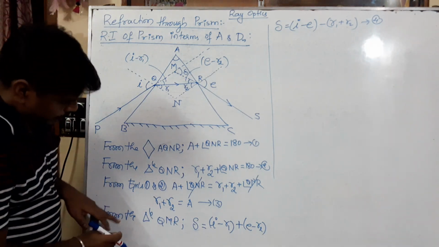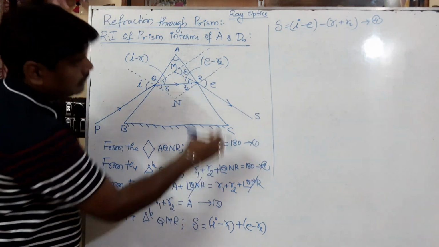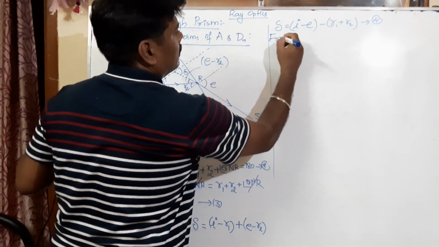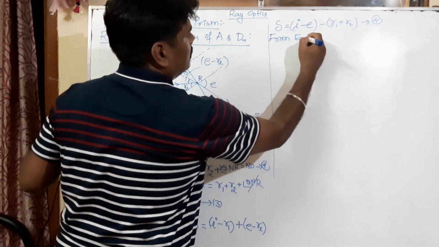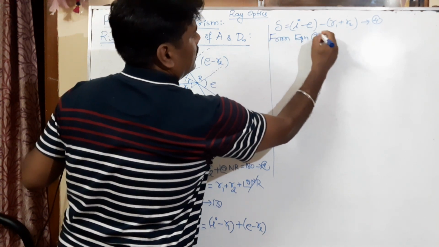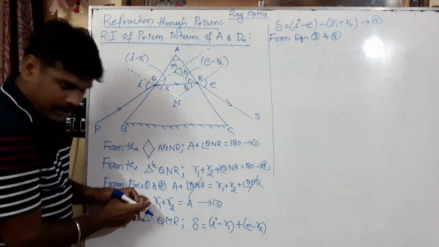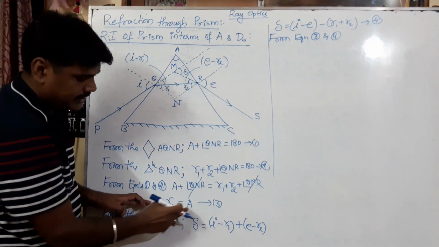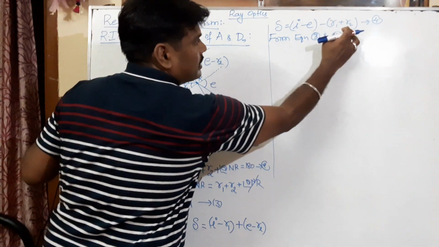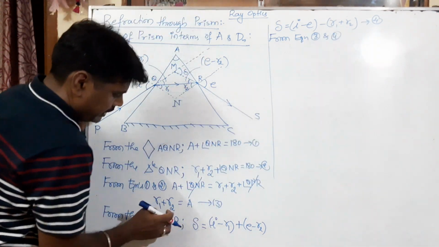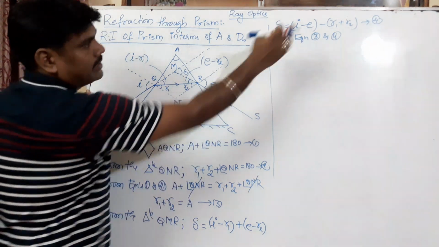Compare equations 3 and 4. In equation 3, R1 plus R2 is equal to A, so we can replace R1 plus R2 by A, the angle of the prism.